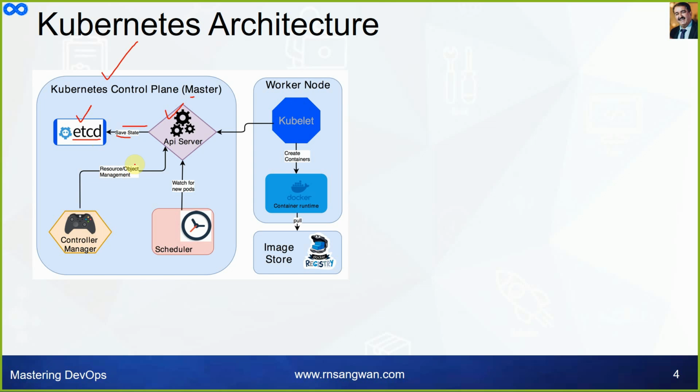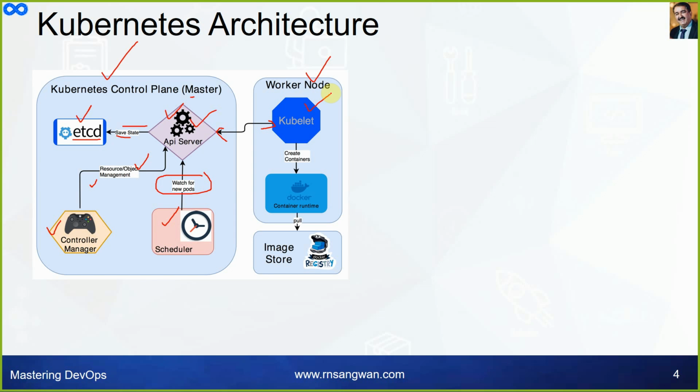Then resource management, object management is done by the controller manager. The scheduler watches for new pods and schedules pod deployments. Kubelet is a two-way proxy interaction between the API server and the worker nodes, and it is an agent to be installed on worker nodes.